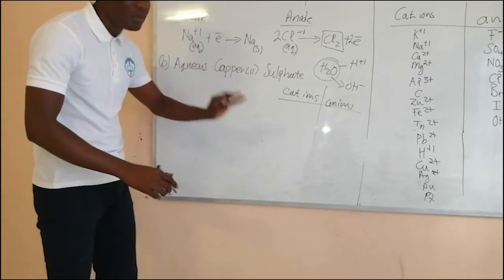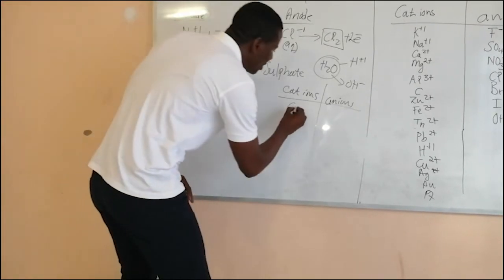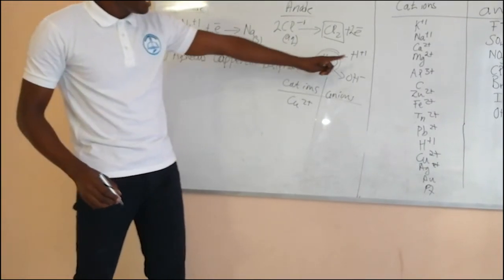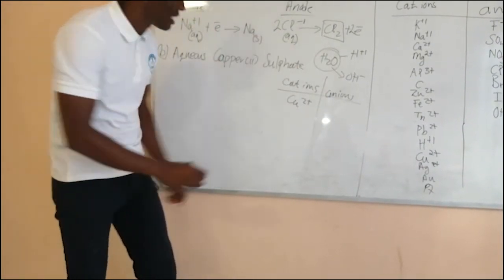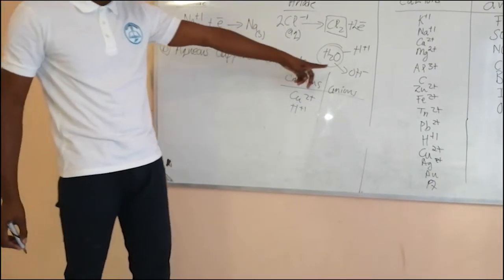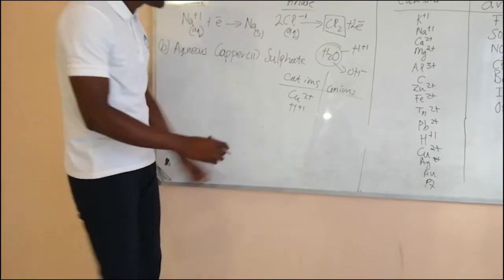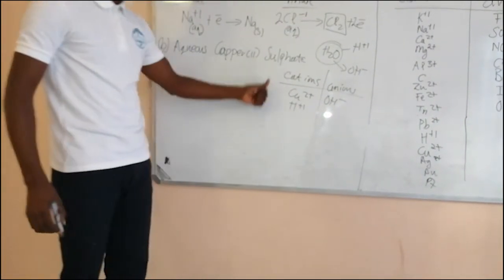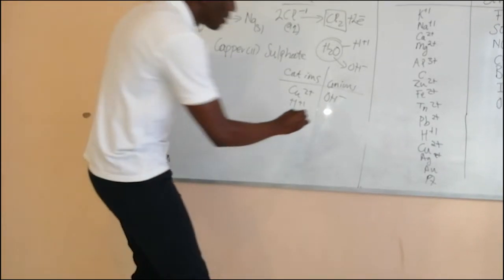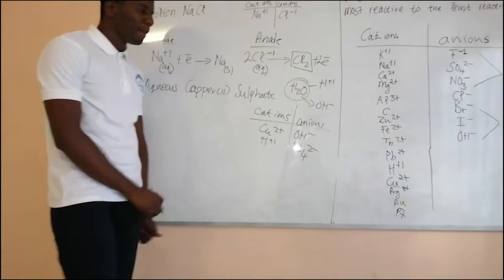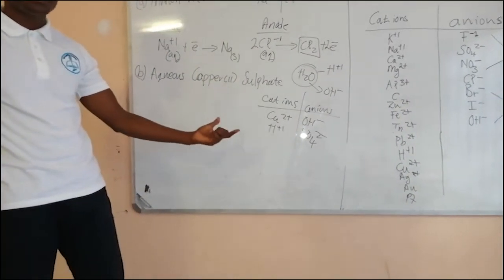Now we know copper is a metal, so it's a cation. So we have Cu2+, and then another cation that we have is H+. Then we have our OH-, which is the first anion that we have, and then we have our sulfate, which is SO4 2-.